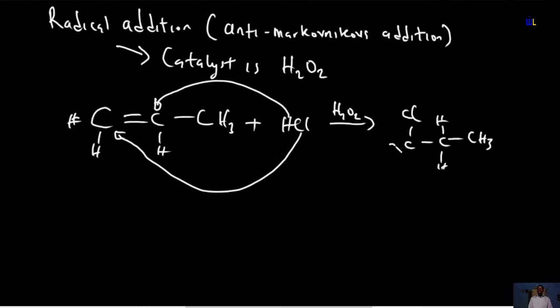This is what we refer to as radical addition. It's basically an addition reaction that does not follow Markovnikov's rule, which states that the hydrogen should go to the carbon atom where there is more. This is a radical addition because the catalyst is your hydrogen peroxide. I'm just saying this for you to take note of.